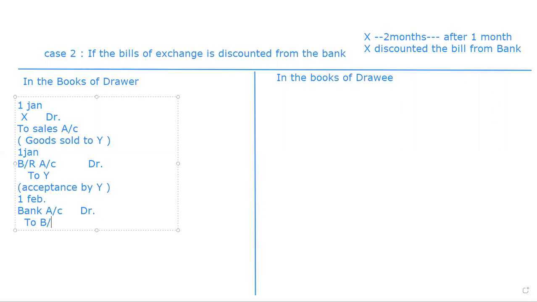The BR is going from X and is given to the bank. So the journal entry for the discounting of the bill will be bank account debit to BR.